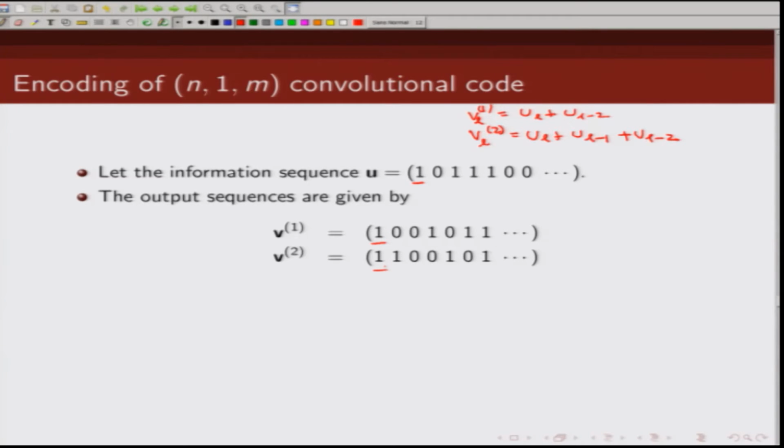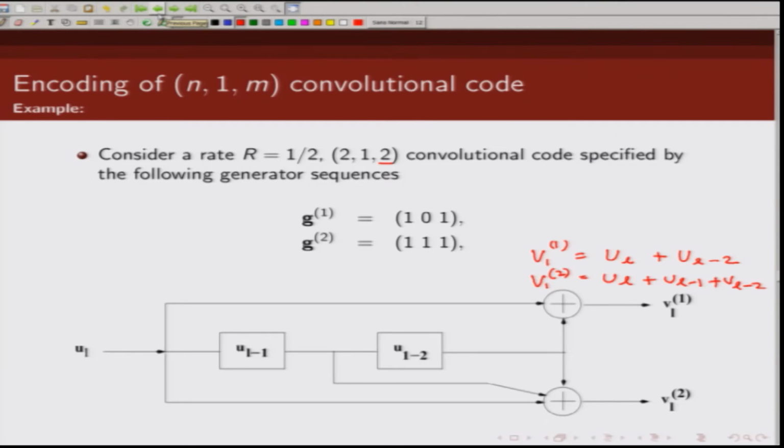Next, what happens? If you go back, this 1 which was here, when you apply a clock, moves here and a new bit comes here. So, in the next time instance, UL minus 1 becomes 1, and UL minus 2 is 0, since UL minus 1 initially was 0, so this 0 comes here. The new contents of the shift register are now 1 and 0.